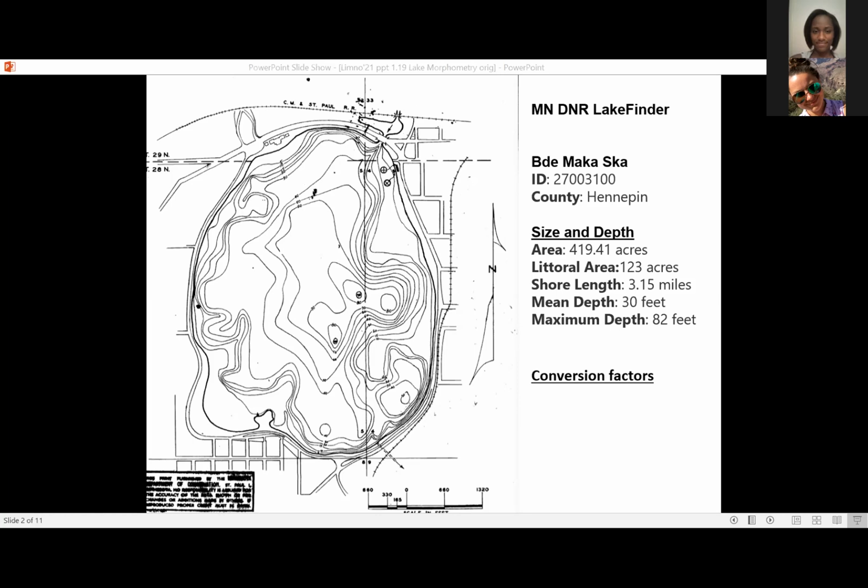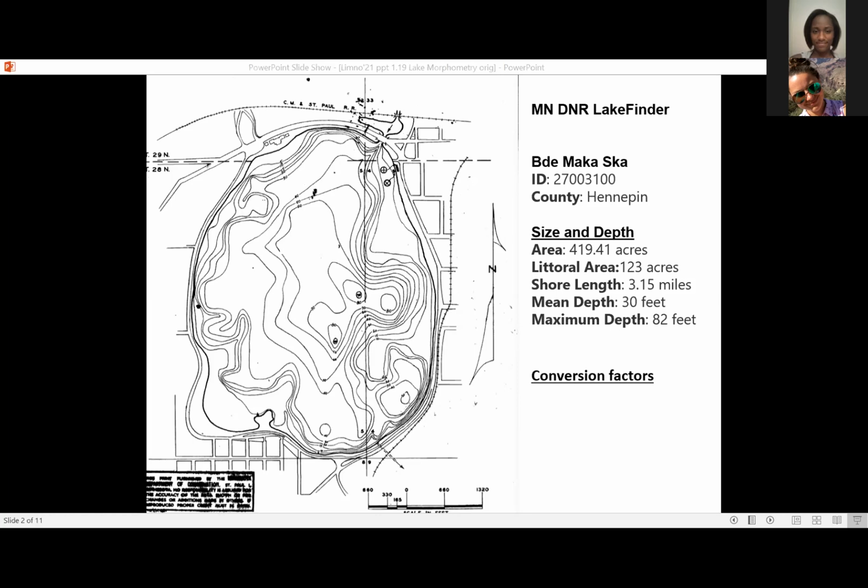All right, one of the things that we want to know about lakes is not just these basic numbers, which are important, right? Bigger lakes are different from smaller lakes. Deeper lakes are different from shallow lakes. Lakes that are very convoluted with lots of bays and points are very different from just a simple circle of a lake.